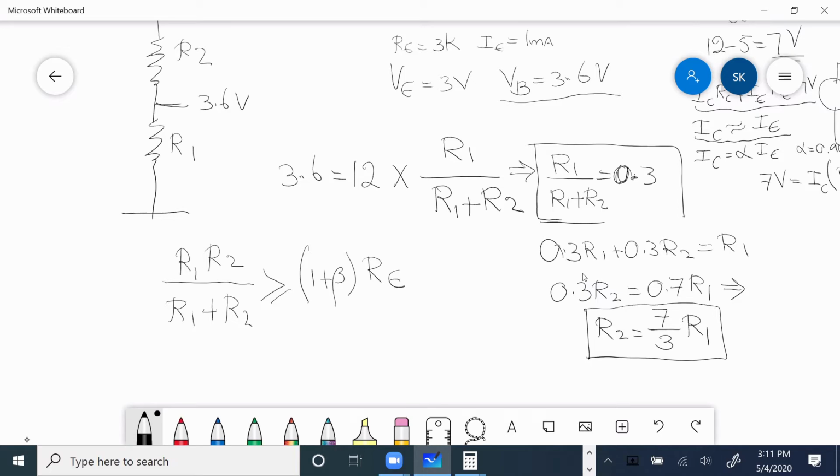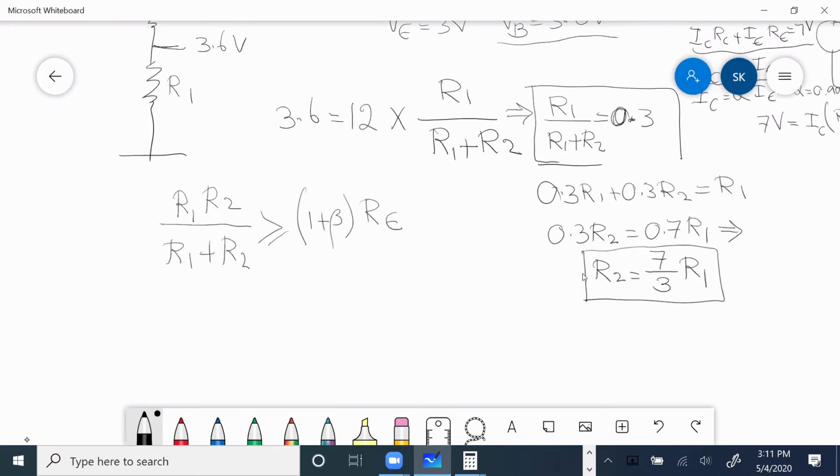That means 200 times 3K, which is 600K. So we can say it needs to be much smaller than 600K, so it's good enough to assume it's 60K.